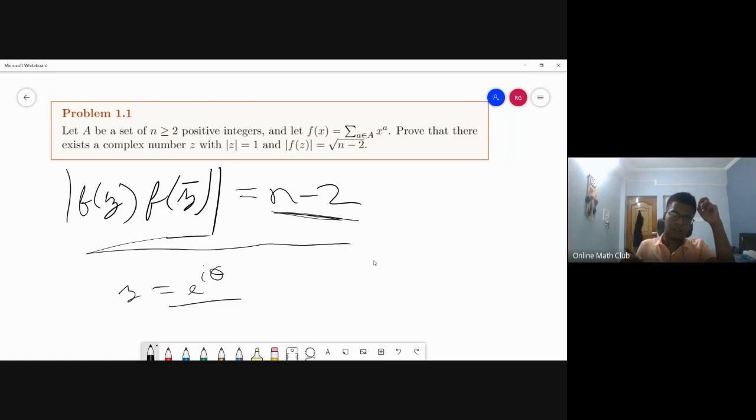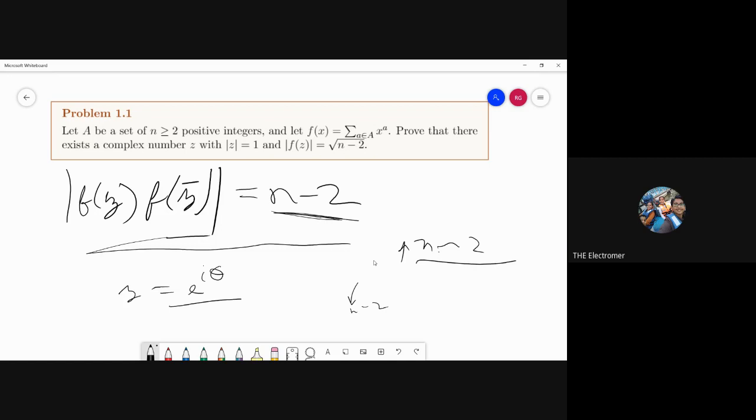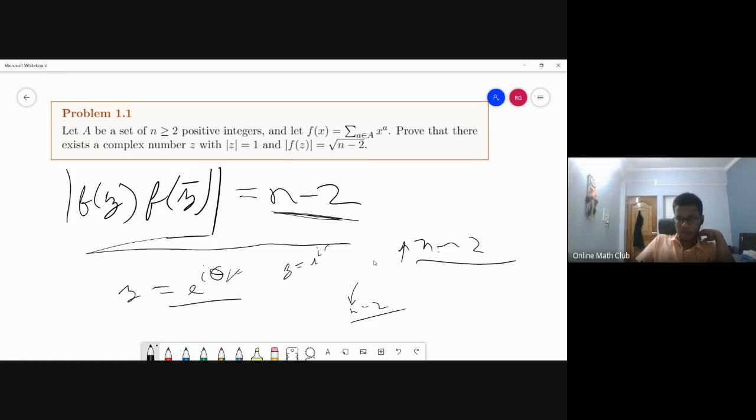Also, I think if we could prove it goes below n minus 2 and it goes above n minus 2, we'll be done by some continuity. Continuity, yeah, okay. As we vary theta, this has to be true. Continuity, please can you explain? As we vary z equal e to the i theta, as you vary theta, f of z, f of z prime will be continuous.